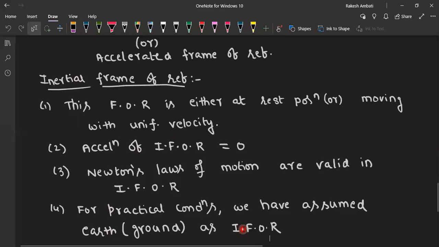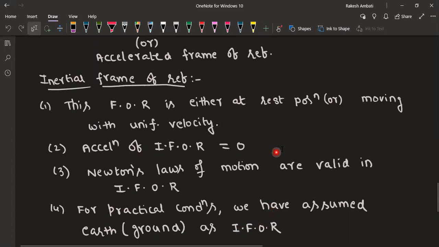But frankly speaking, earth is a general non-inertial frame, because acceleration is present. But for solving questions, for practical conditions, we have taken earth as inertial frame of reference.